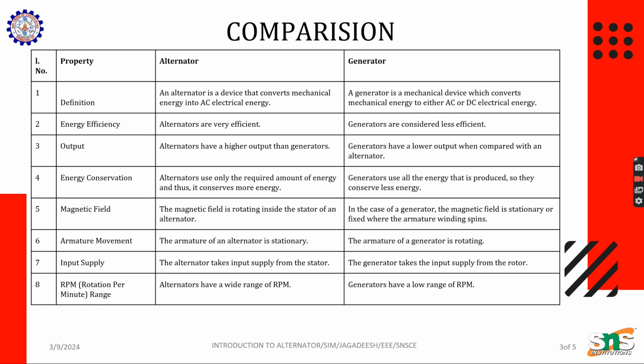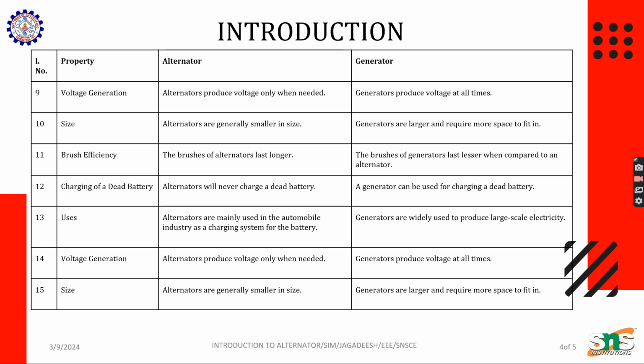The stator, I mean the armature of the machine, will be kept constant, and the field acts as a rotating one. The excitation to the field, in both alternator and generator, remains DC supply. Alternators have a high and wide range of revolutions per minute, but in case of DC generator it has a low RPM.